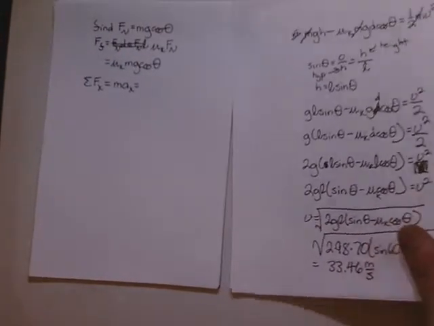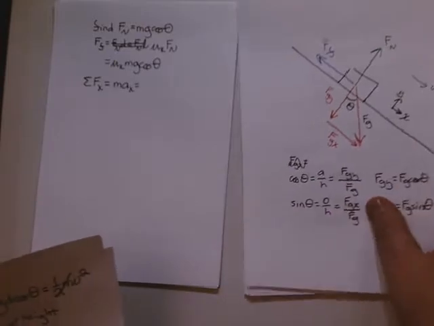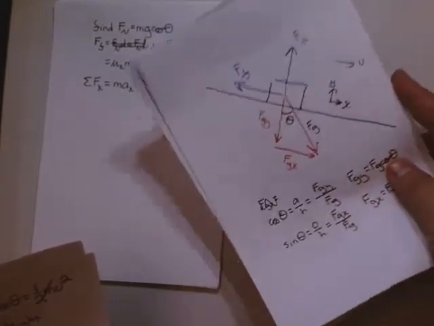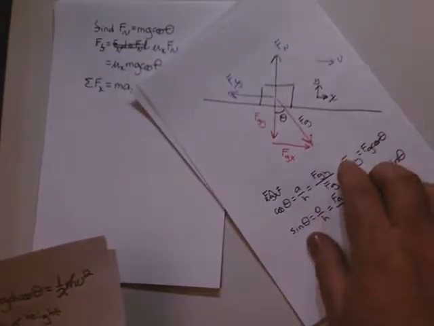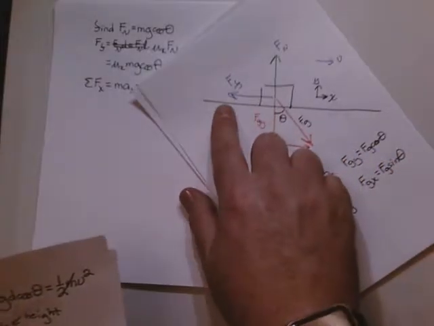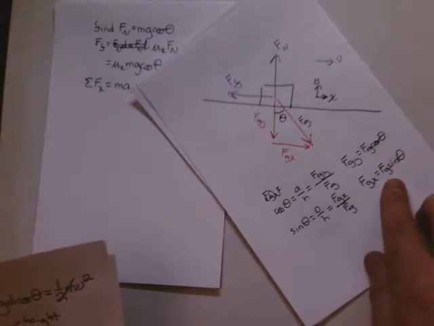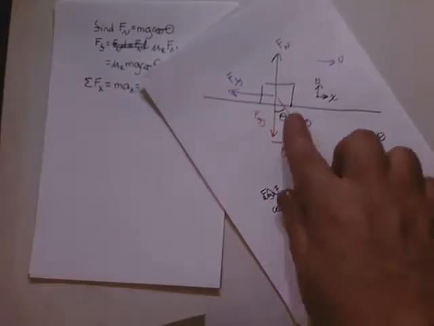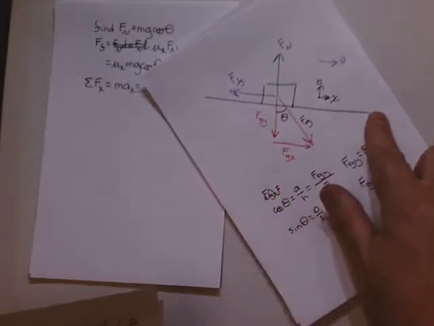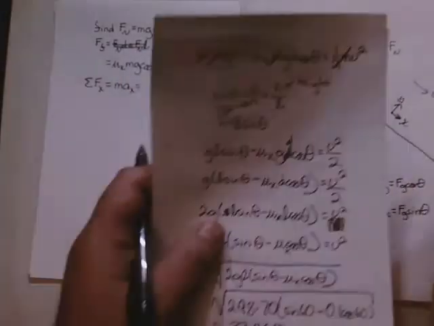And when you look at the force diagram, there are only 2 forces acting in X. The friction force and FGX. And FGX is FG sine theta. Now in this particular case, FGX is positive and friction force is negative.